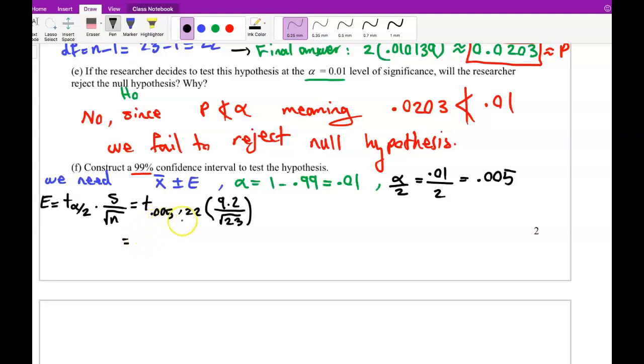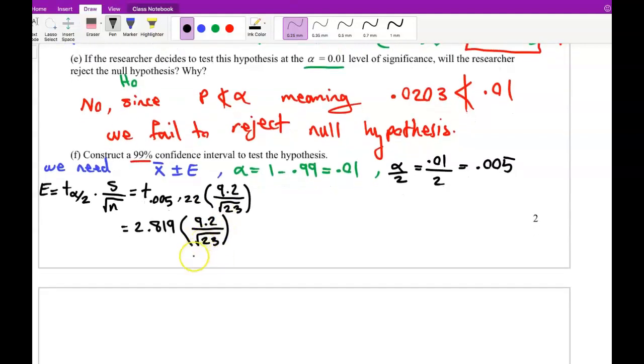Here for this part, t is 2.819. We had this part before, how to find the answer using the calculator. Multiplying, the answer rounded is 5.408.